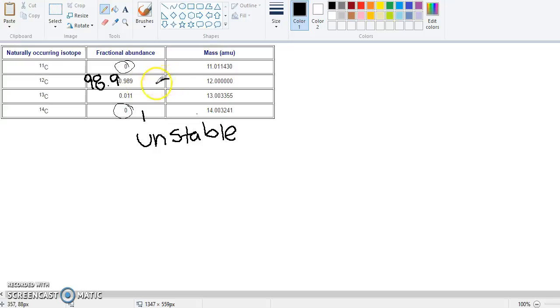So you're going to multiply the fractional abundance by the mass for that isotope. Okay, so when we do that for carbon 12, we end up with 11.868. And then when you do that for carbon 13, you end up with 0.143.